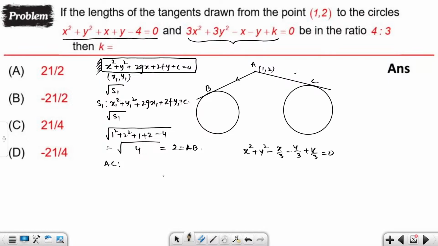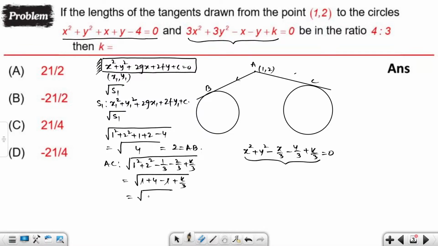Now I can find the length of the tangent by simply putting 1 and 2 in this expression and after that taking the root. So the length of the tangent will be the root of 1 square plus 2 square, so this length is coming to 1 plus 4 minus 1 plus k over 3. That gives us the root of 4 plus k over 3.